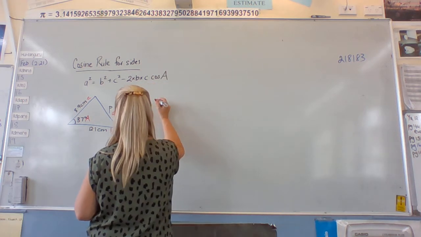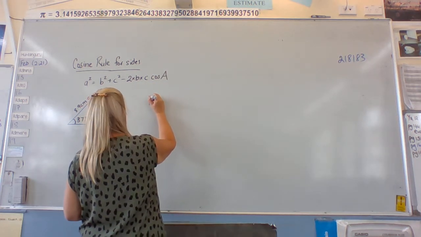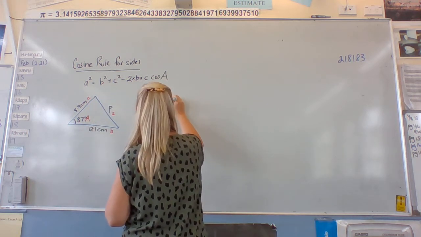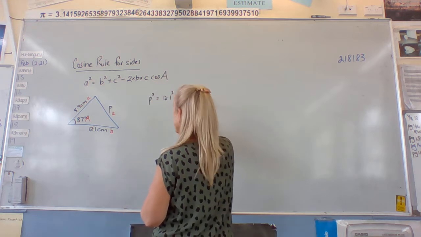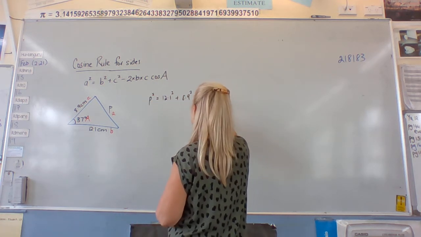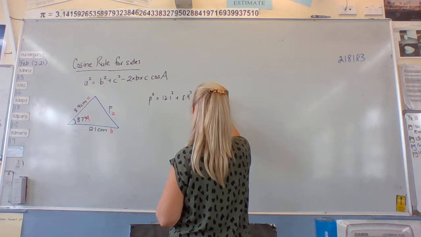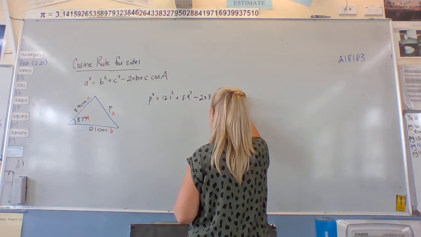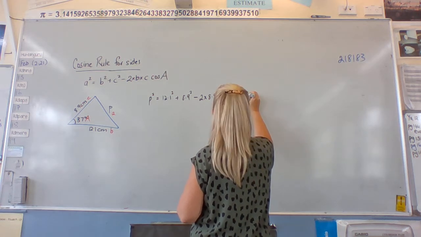So we've got P squared equals B, which is 12.1 squared, plus 8.9 squared, minus 2 times 8.9 times 12.1 times cosine of 37 degrees.